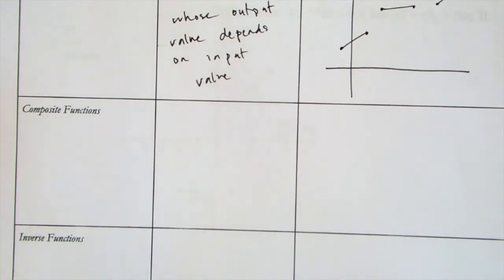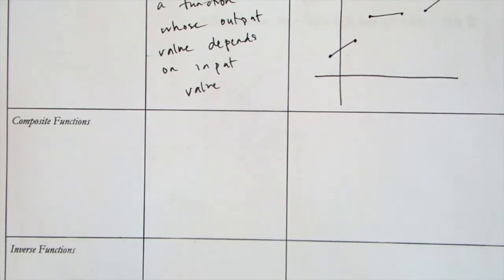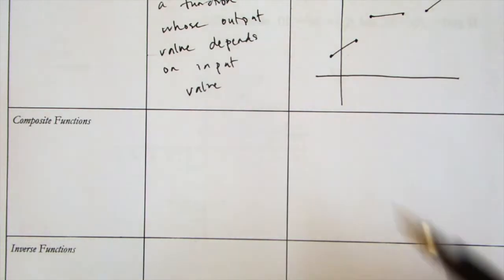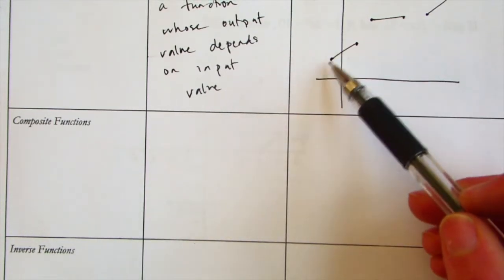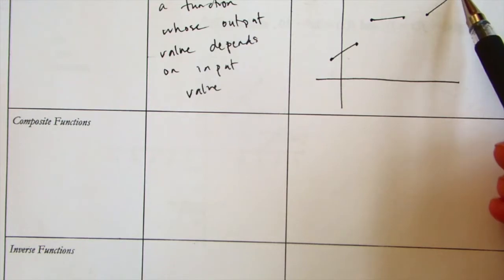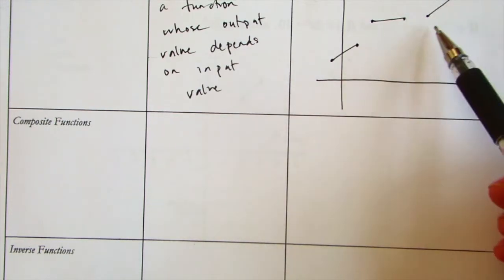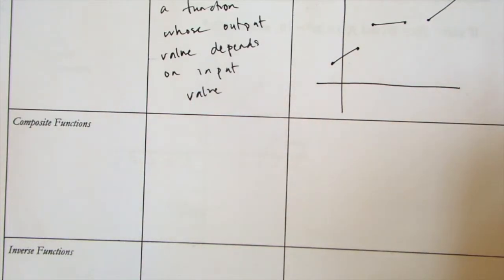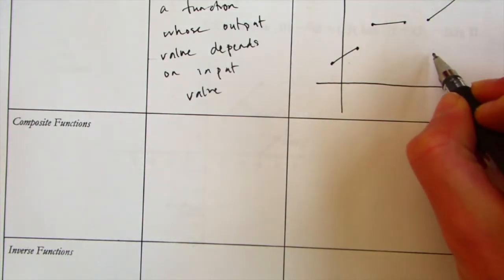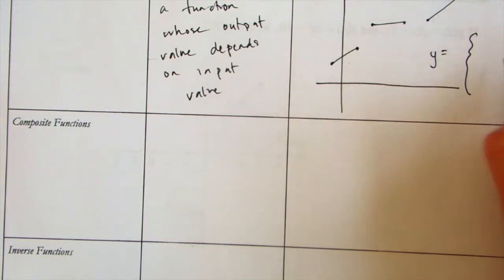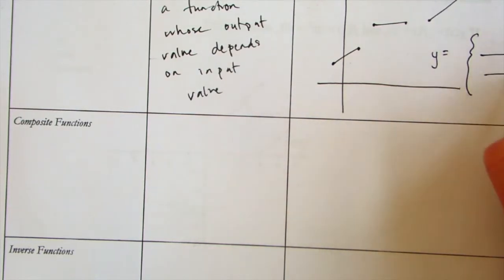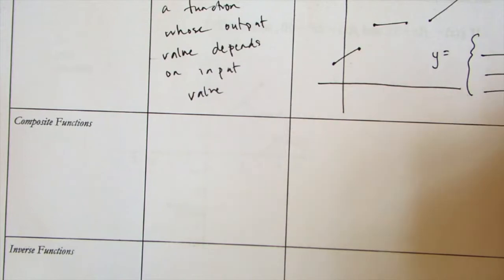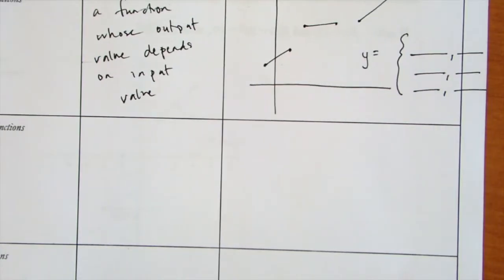All right, so in writing an equation for a piecewise function, as we know, we'd actually have to write equations for 3 different lines and then define the domains for those 3 different lines. So the function rule would look something like y equals, we'd have equation, domain, equation, domain, equation, domain.